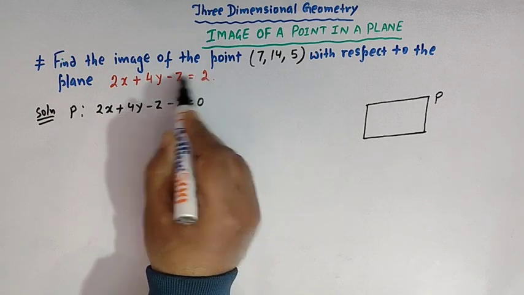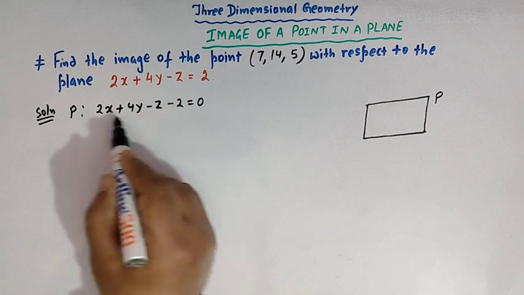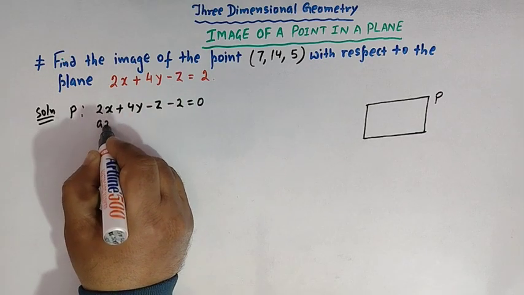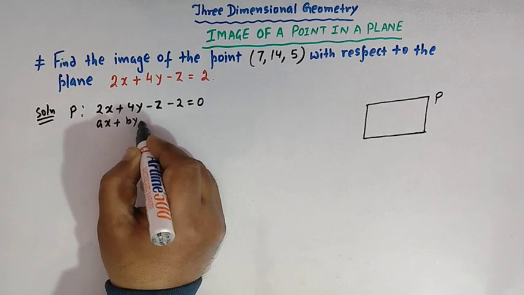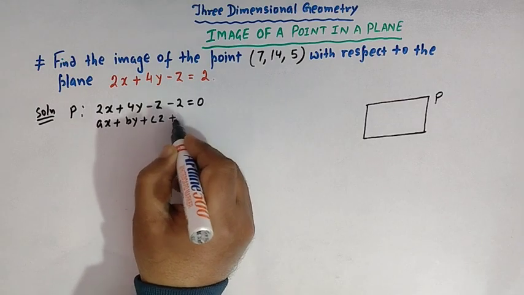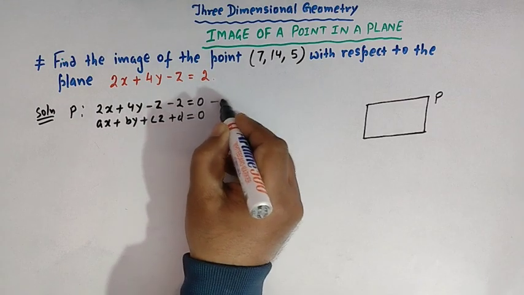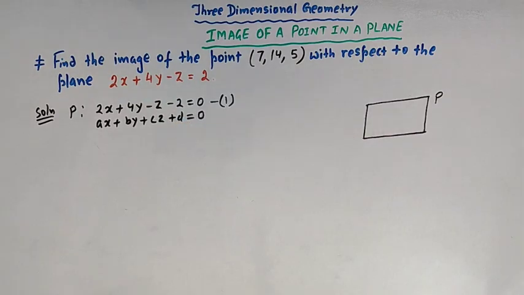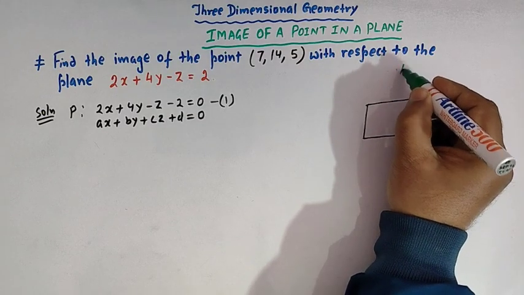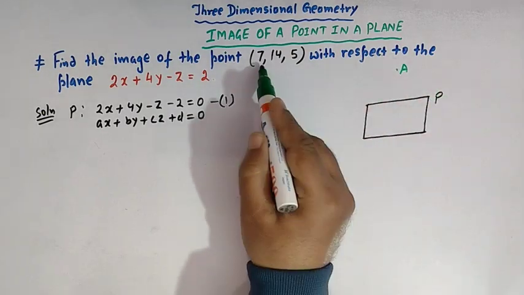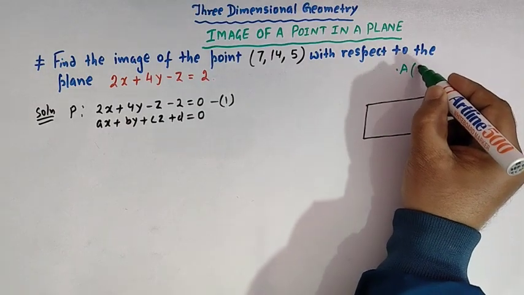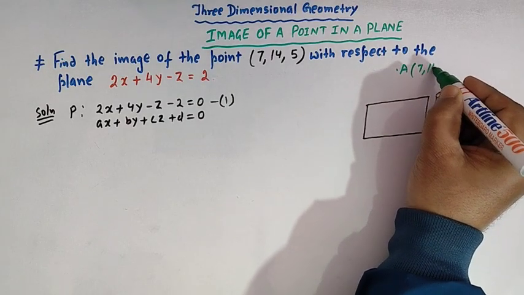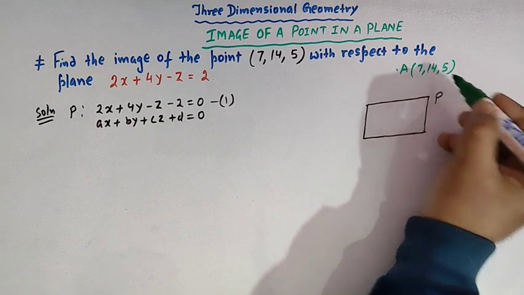We can take this 2 to the left hand side, and this equation is of the form ax + by + cz + d = 0. Now we are given a point, say this point is A, and the coordinates of this point A are (7, 14, 5).